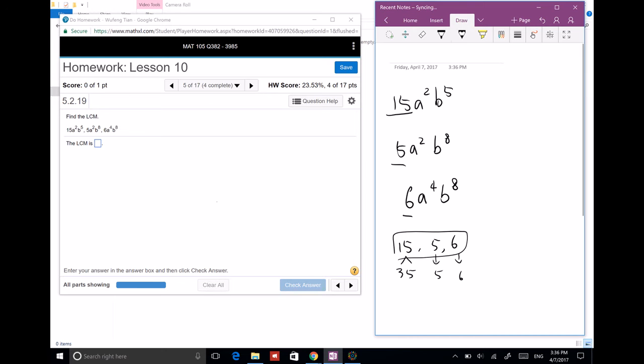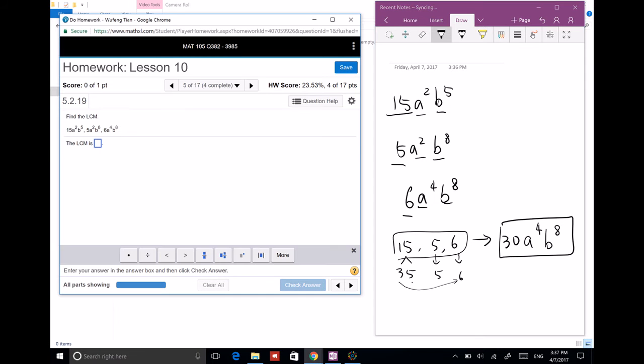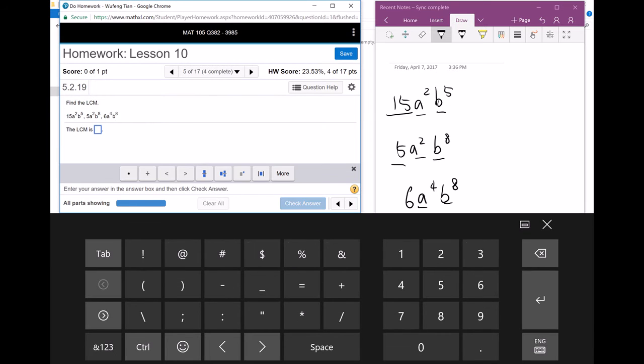So the least common multiple would be 3 times 5. Well, 3 is part of 6, so it's just 5 times 6. So the least common multiple of that is 30. Okay. The highest power of a squared, a4 is a to the power 4. The highest power of b5, b8, b8 is b to the power 8. So that's your final answer. The least common multiple is 30.